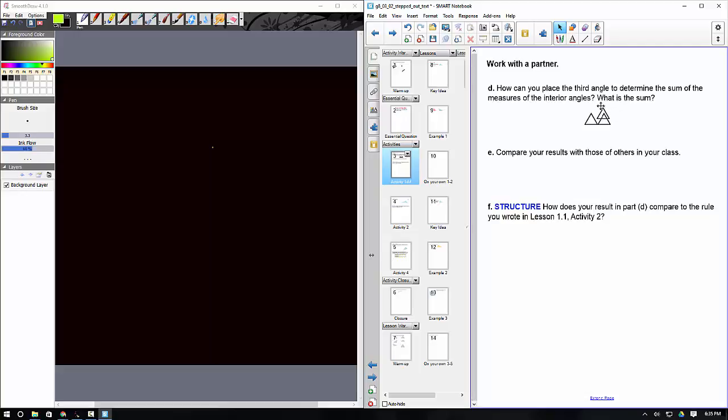If I take this third triangle and rotate it around, kind of like this, right about, I can't quite get it. Darn it. Oh, I had it. If I put it in and move it down, all 3 of these angles, if I had it right, would make a straight line.